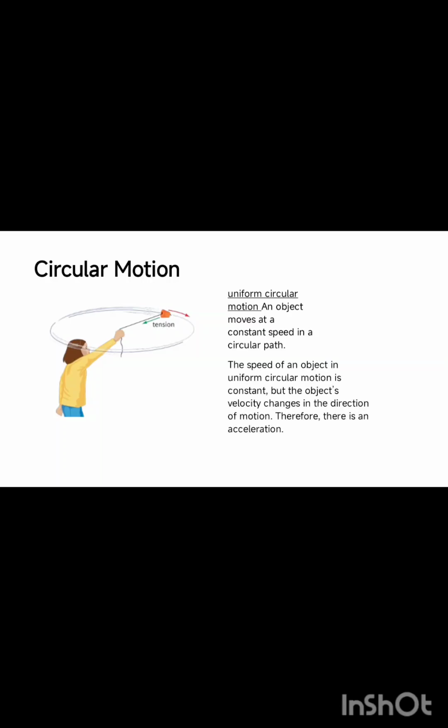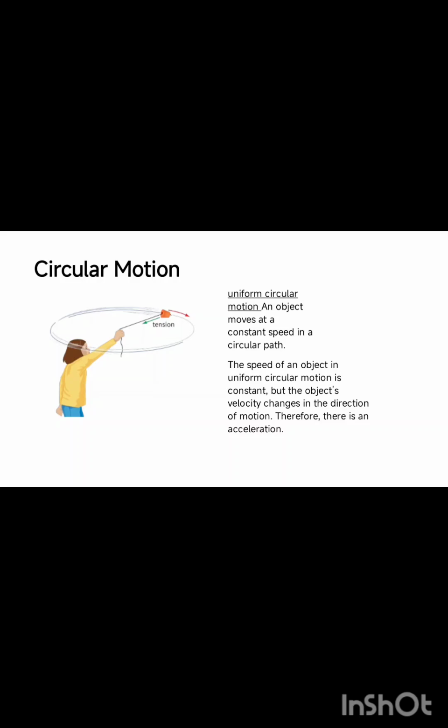The answer is no. The speed of the object in a uniform circular motion is constant, but the object's velocity changes in the direction of the motion, therefore there is an acceleration. Any object which is moving in a circular path might have a constant speed, but it cannot have a constant velocity, because we know that speed is a scalar quantity.